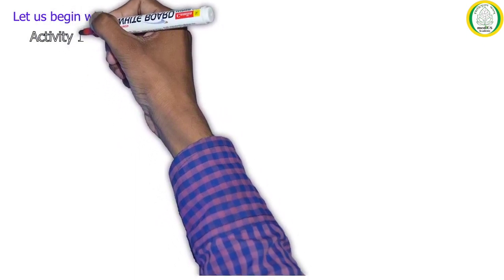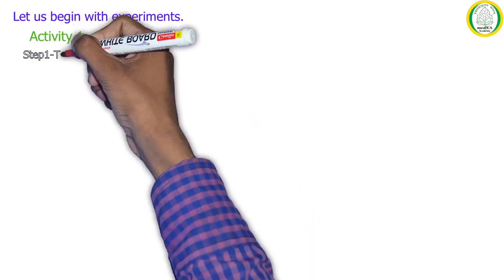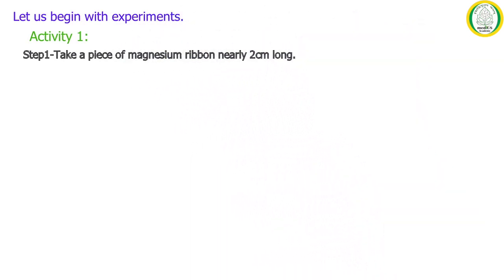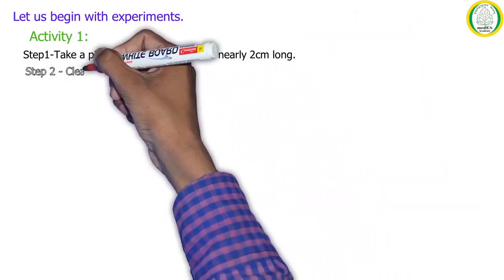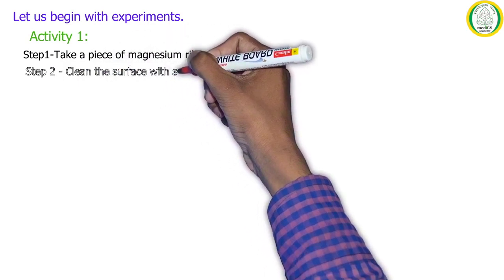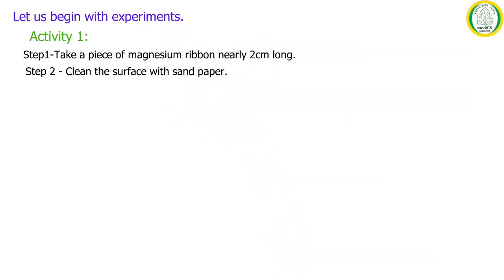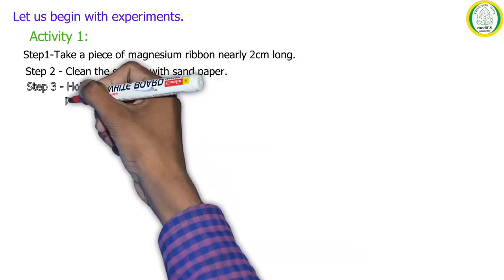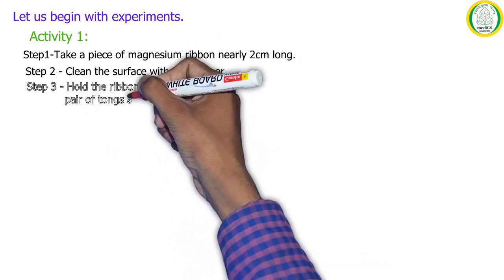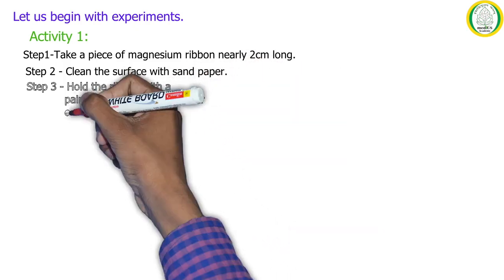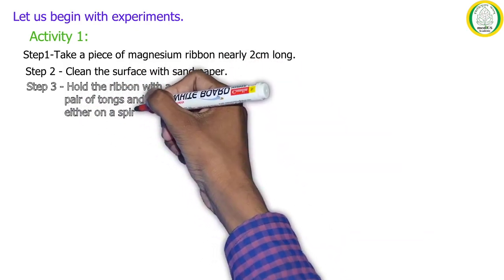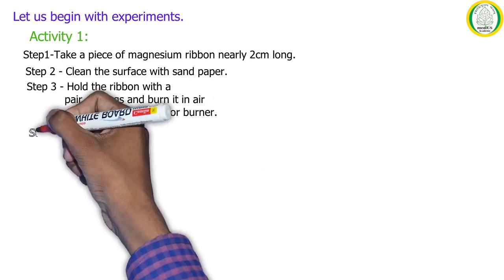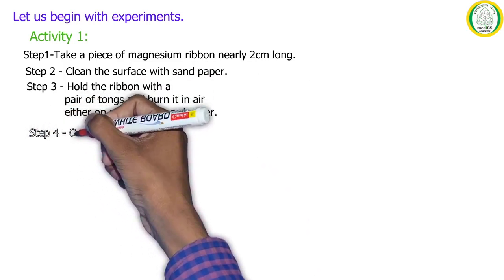Activity 1. Take a piece of magnesium ribbon nearly 2 cm long. Clean the surface with sandpaper, as there is a deposition of magnesium carbonate, and that's why we should clean with sandpaper.